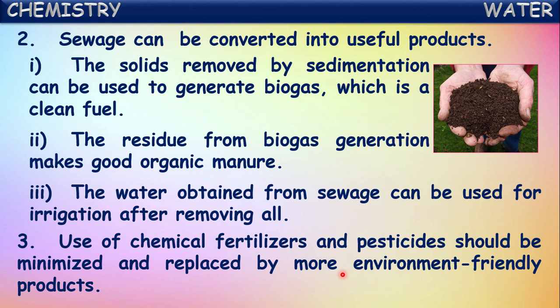By using more environment friendly products, we can reduce the water pollution, and we have to educate the farmers to avoid using these fertilizers and pesticides in excess quantity so that we can reduce water pollution.